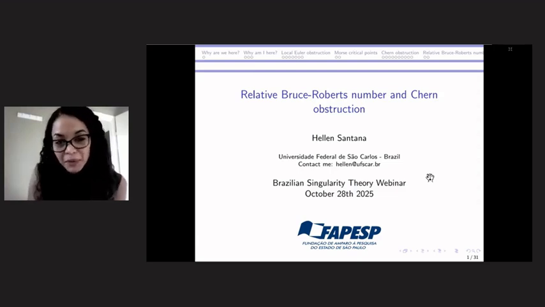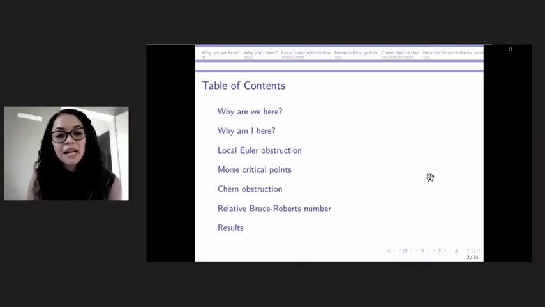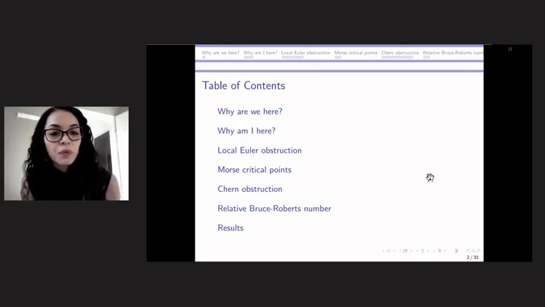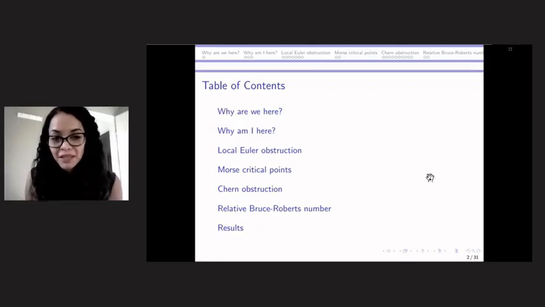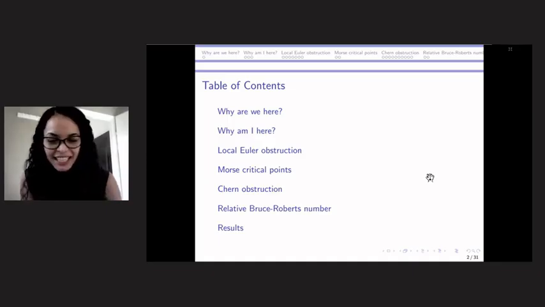So yes, I will talk about relative Bruce-Roberts number and Chern obstructions. I wanted to comment on how the lecture is organized. I will say a few words about why we are here, and why I am here today. And then after that, I will talk about the mathematics itself.